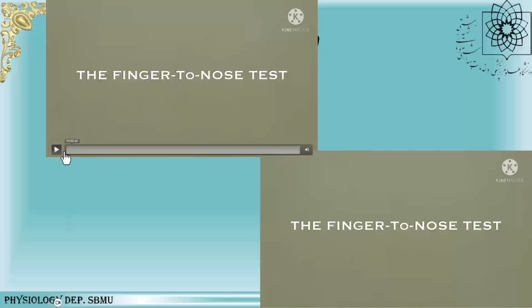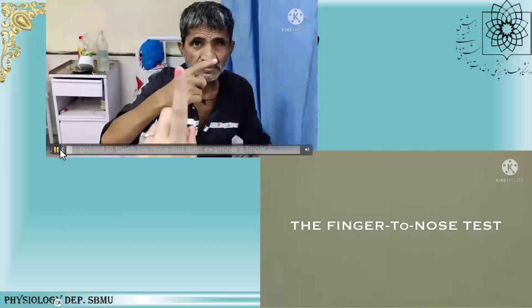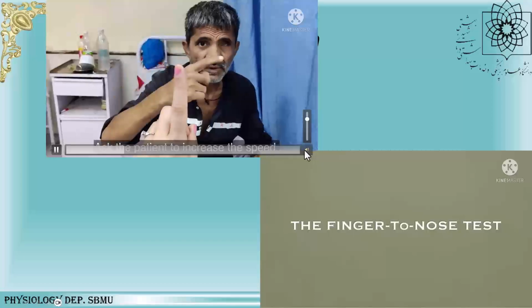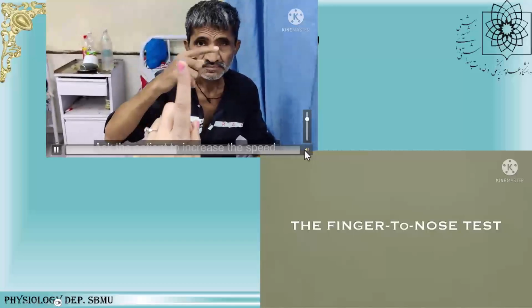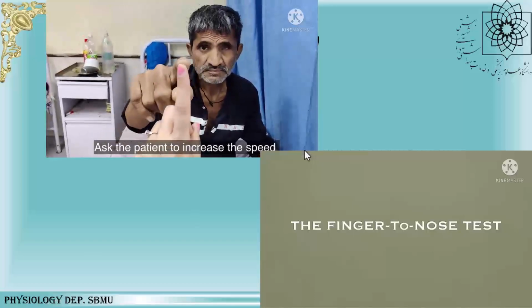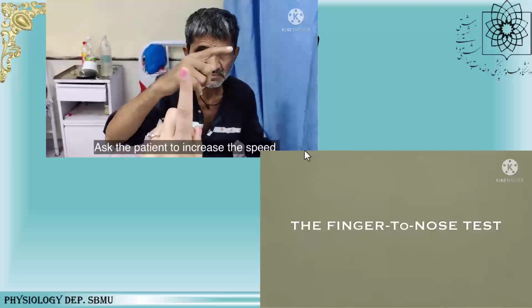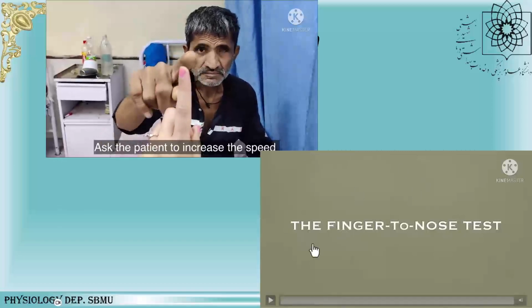Let me show you some irregular finger to nose tests. This is a normal finger to nose test. And this is abnormal, on the other side of the same patient.